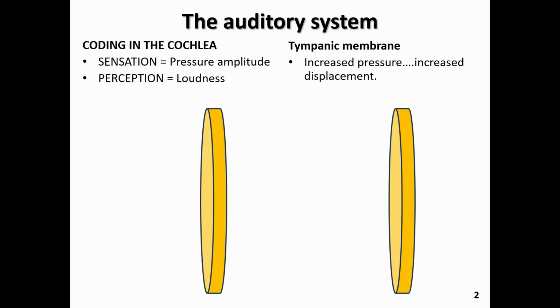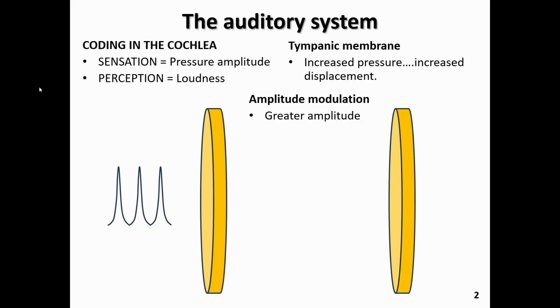The tympanic membrane acts as a drum, if you will, where increased pressure from those air waves will cause an increase in the displacement of the tympanic membrane. Amplitude modulation is a term that indicates the magnitude of the pressure waves will be captured and conveyed from the tympanic membrane towards the inner part of the ear.